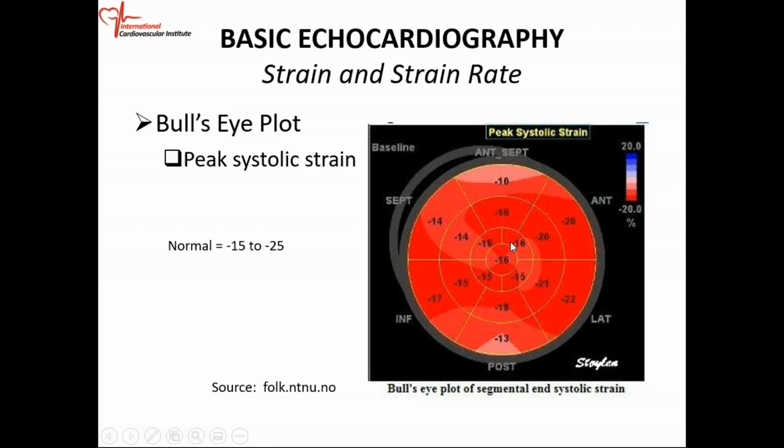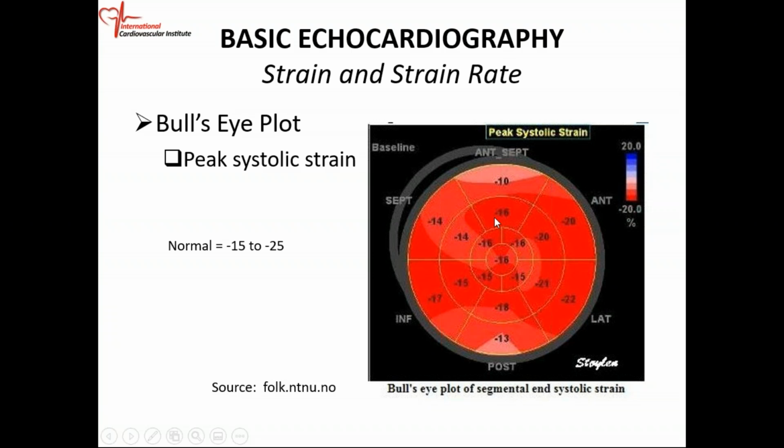So even though the whole segment is minus 16, there's a little portion where the strain is a bit more abnormal, okay? And then down here you have minus 15, which is borderline abnormal.